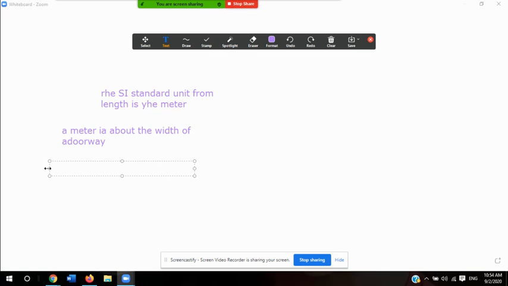Again, I'm going to write it just the way it's in your book, on page 34 of your textbooks. To express longer distances, the kilometer is used.